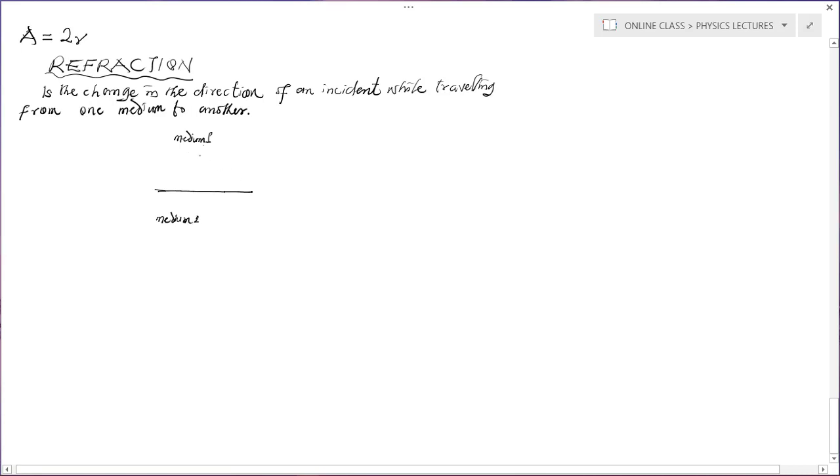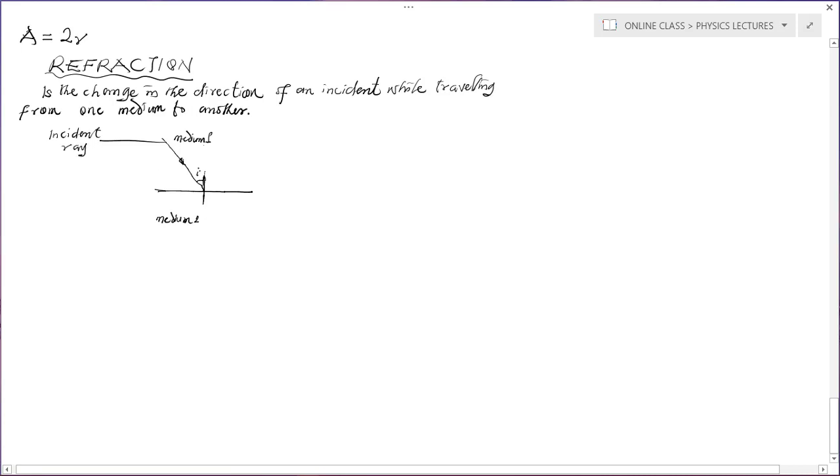If a ray is coming like this, and here is the normal, we always consider the normal. This is the direction of the ray. There is always an angle here between the normal and the incident ray. This one is the incident ray.